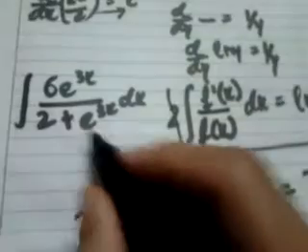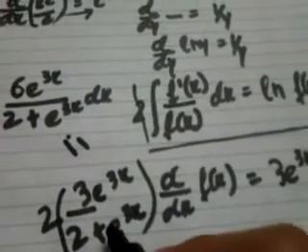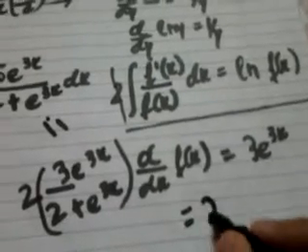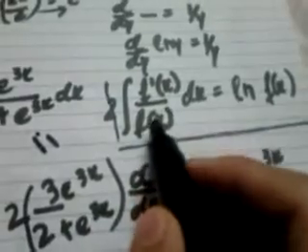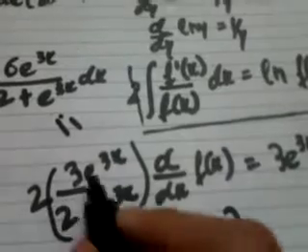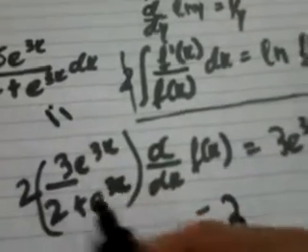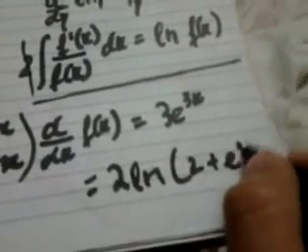Therefore this is equal to 2 times derivative over function, which is 2 times ln of (2 plus e to the power 3x).